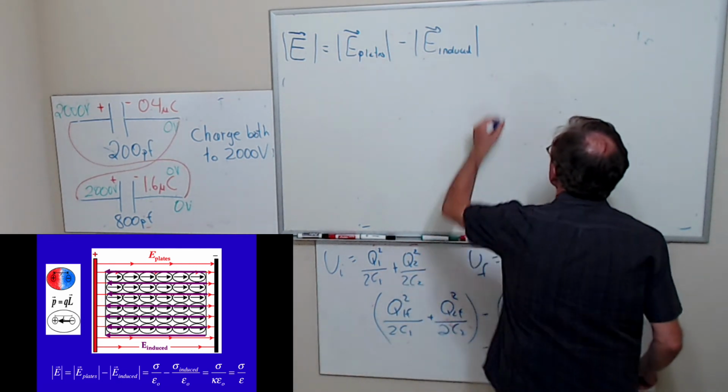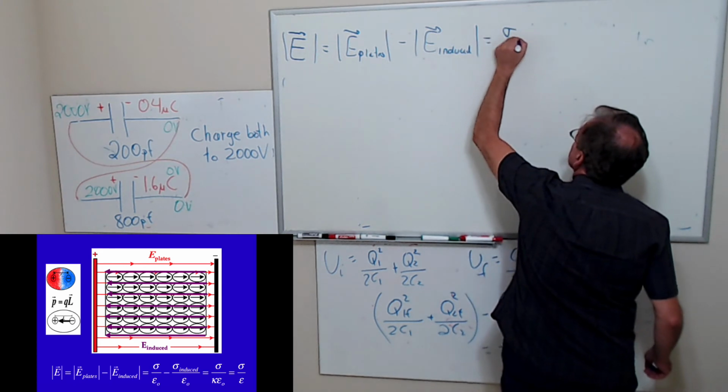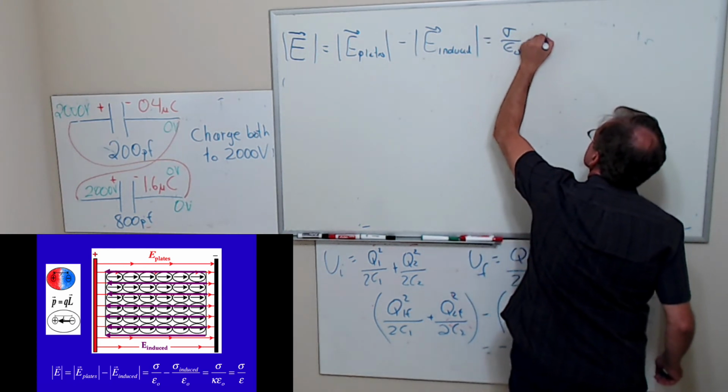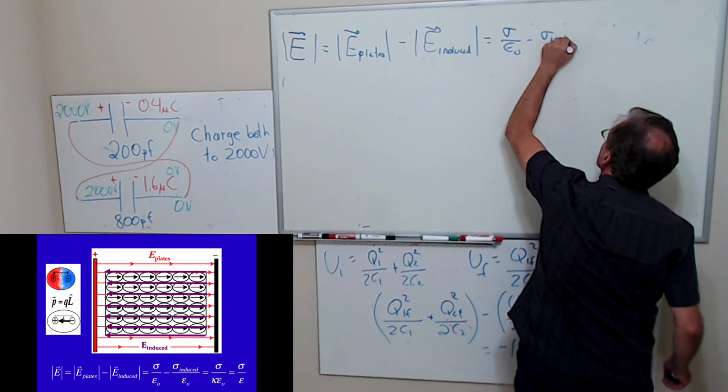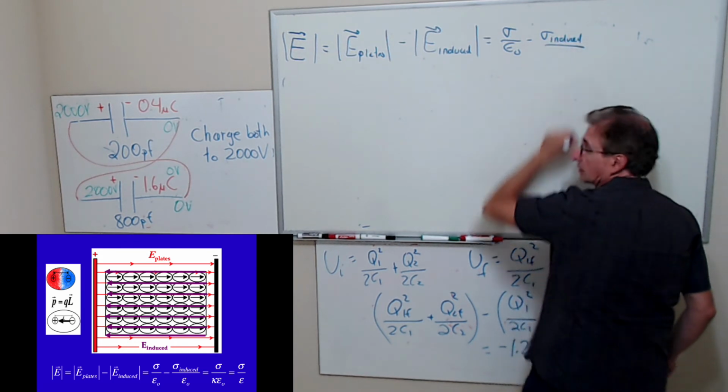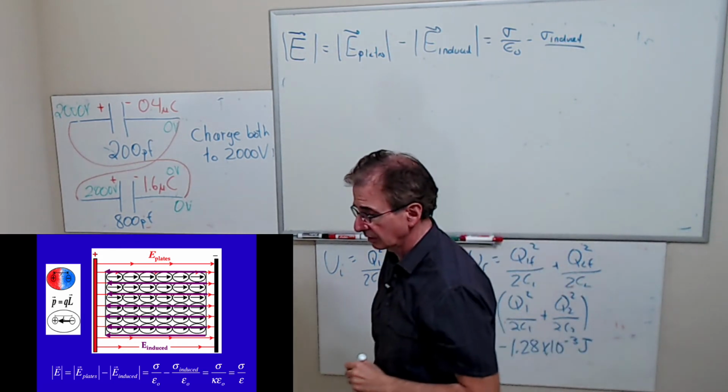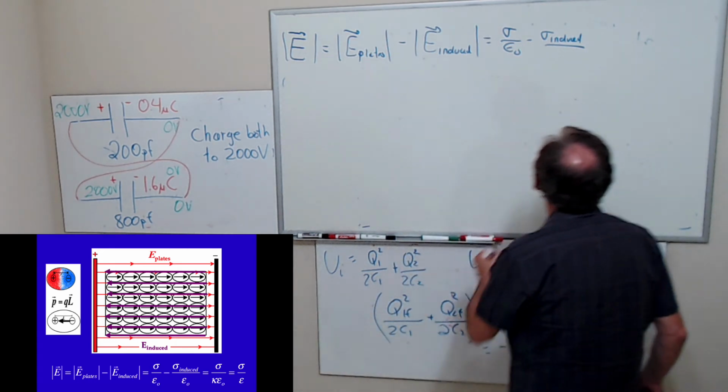And so this is going to be equal to sigma over epsilon naught minus sigma induced over epsilon naught.